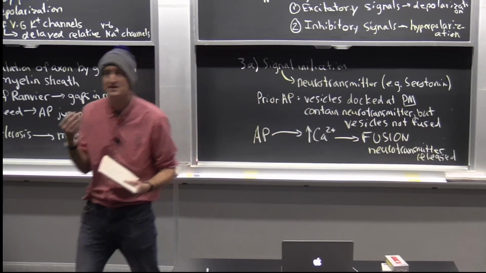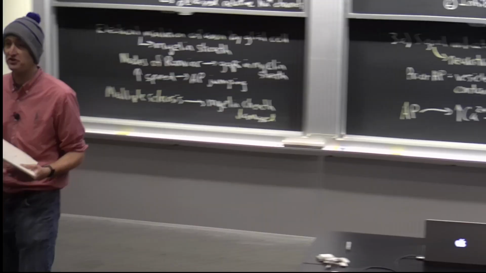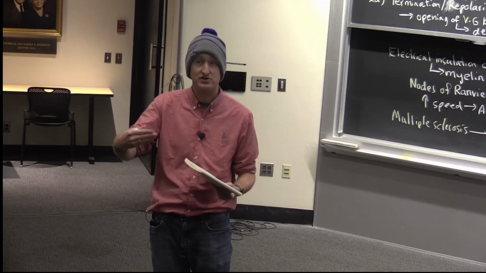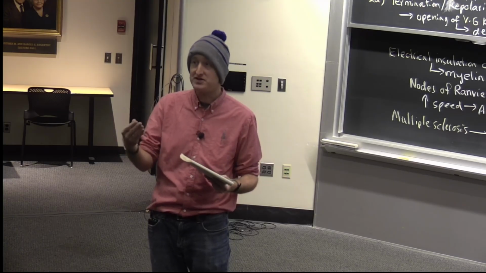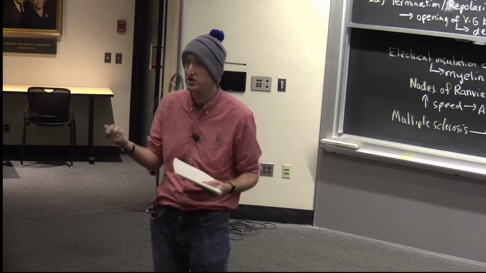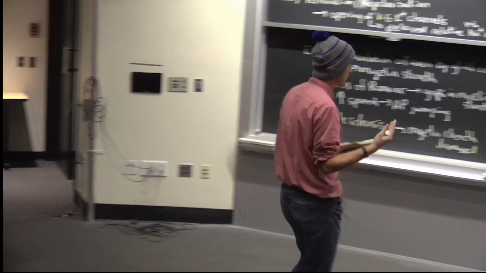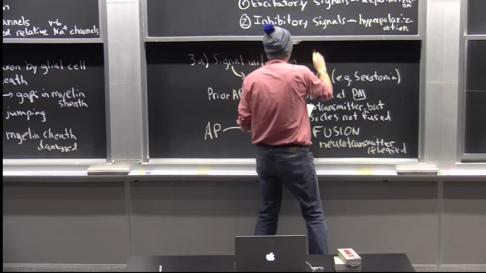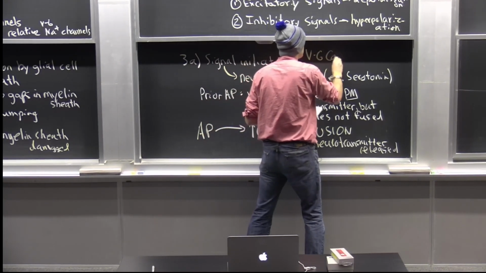Okay, and this increase in calcium has to happen when the action potential arrives at the axon terminus. When it arrives there, there's depolarization of that part of the cell. And so there's a special type of protein called a voltage-gated calcium channel.